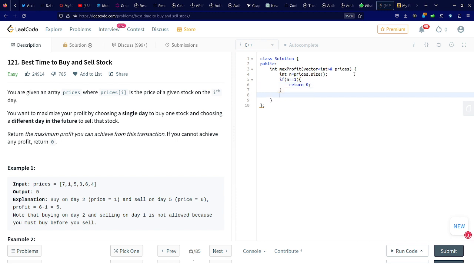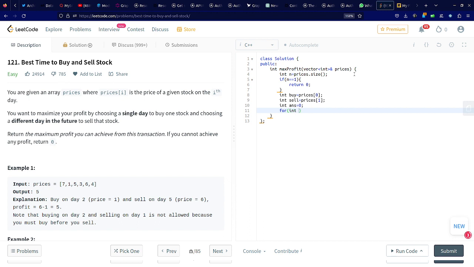Okay, now the buy variable will be initialized to the first element, and we will initialize the sell variable to the second element. And this is the final answer.